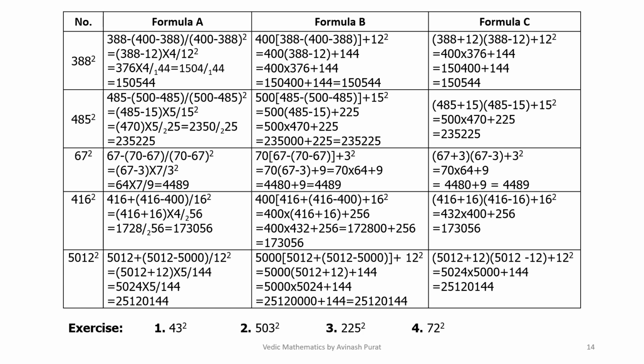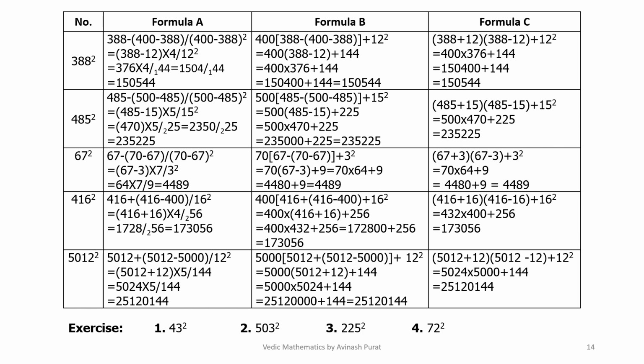So the answer is 173056. The third formula is (416 plus 16) multiplied by (416 minus 16) plus 16 square, equal to 432 into 400 plus 256 equal to 173056.